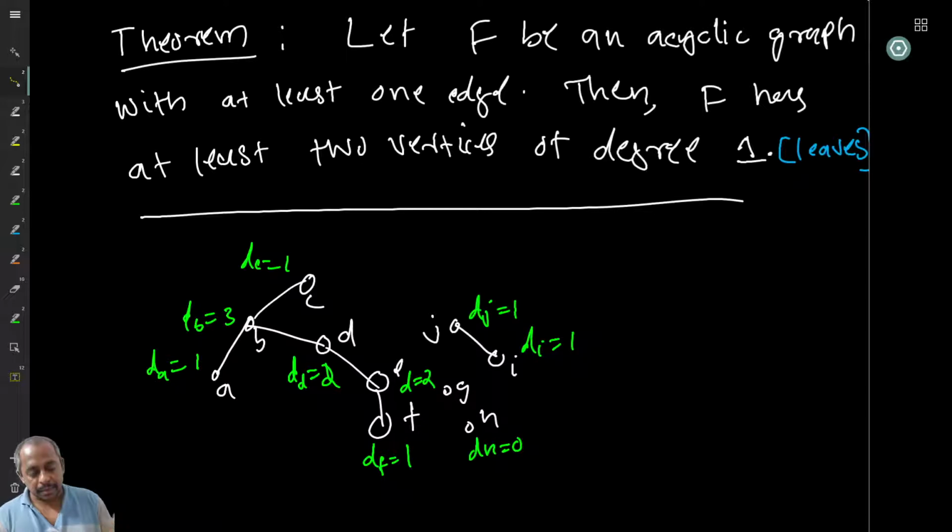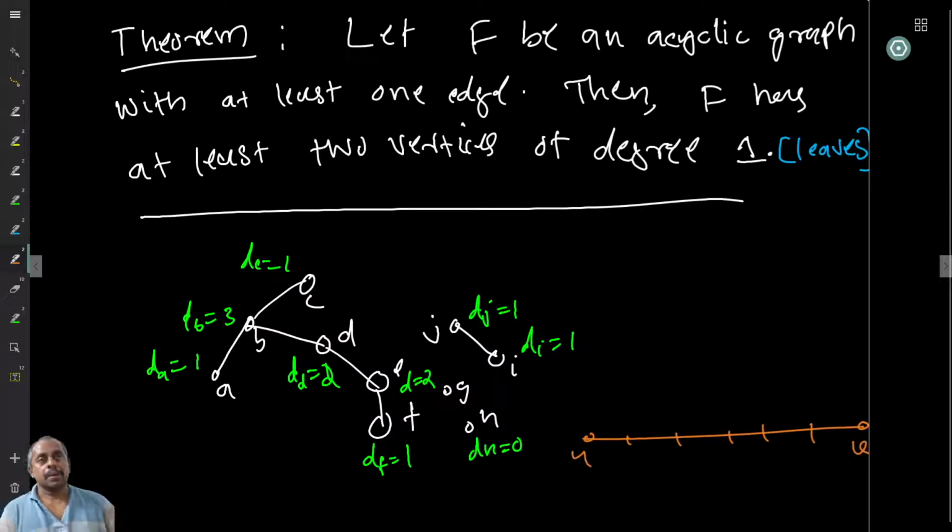So given any graph, what you do is look at the longest path in it, and then we look at the endpoints of this path, let us say u and v.